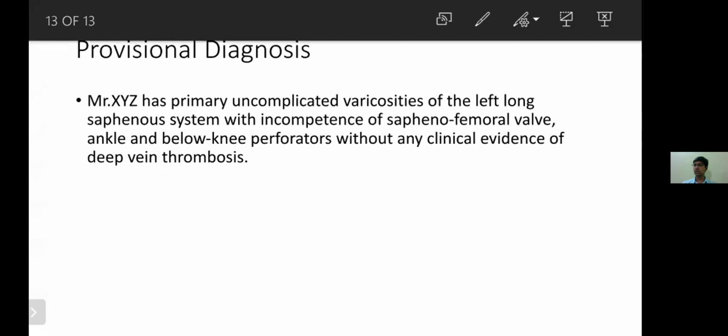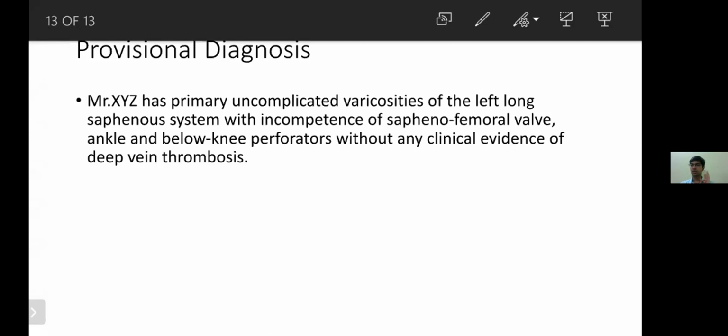The other common terminology which you should all know is ankle flare. That is nothing else but reticular veins around the ankle region. The second thing is lipodermatosclerosis. It is a constellation of syndromes, not one sign, including everything: hyperpigmentation, thickening of skin, blackening of skin, edema of skin, all those things.